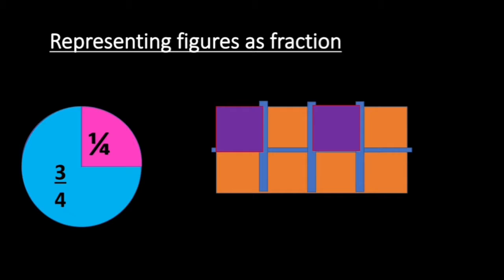So 2 purple parts out of 8 total parts. We can write one more fraction for the same figure. What is that? How many parts are left out? 6 parts are left out of 8 parts. So that will be 6 by 8.